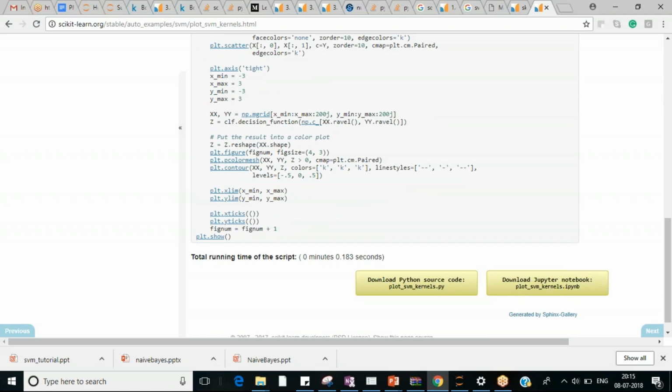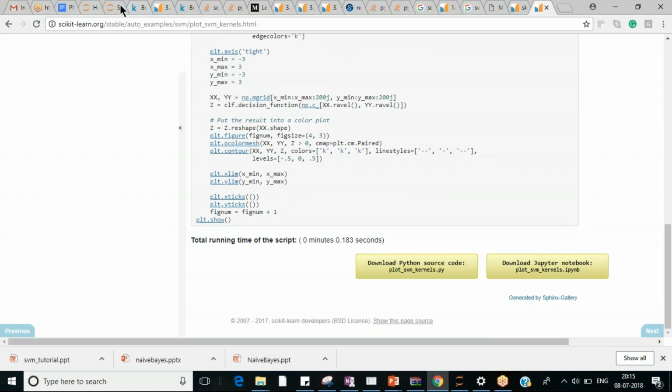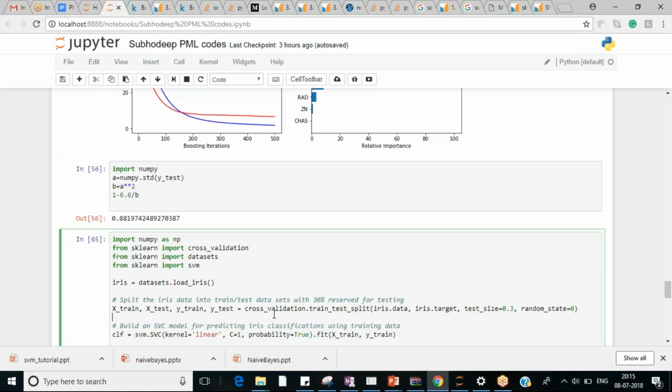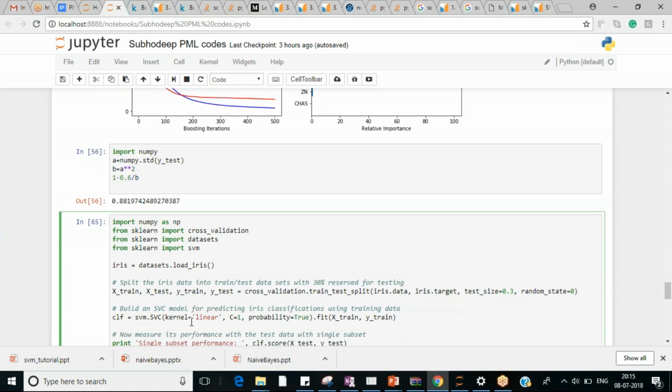This is the speciality of SVM. I have used the linear kernel. C is the error total. I remember what I put: sigma of ei is less than C. So C is the error that you want to allow.